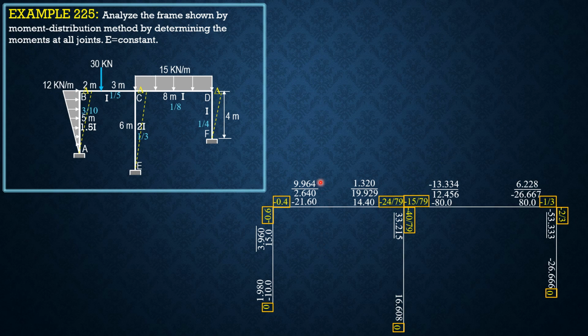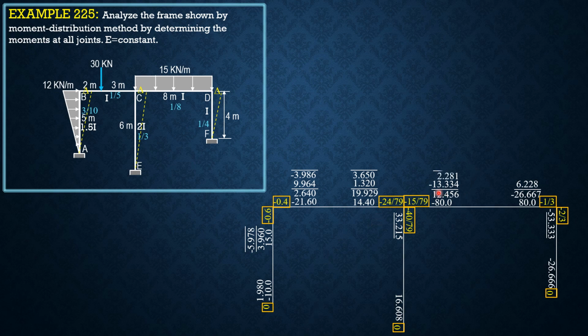Then let's proceed to this joint. 9.964 times negative 0.4, negative 3.986. 9.964 times negative 0.6, negative 5.978. Quantity 1.32 minus 13.334 times negative 24 over 79, 3.65.